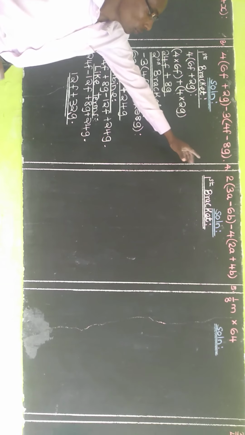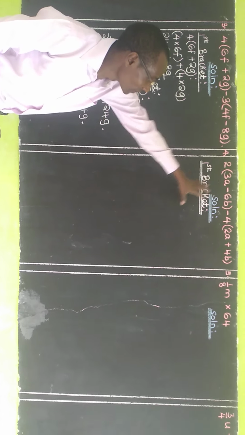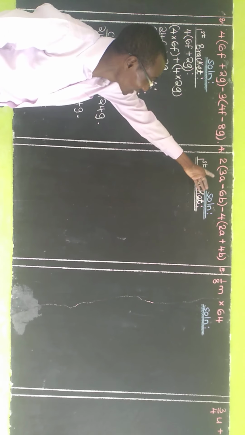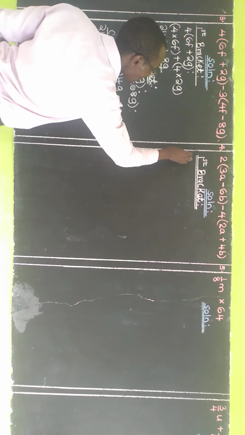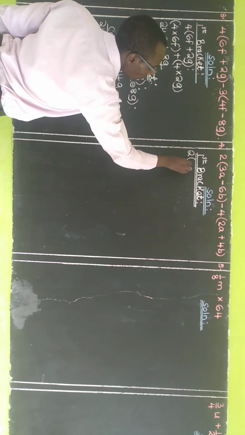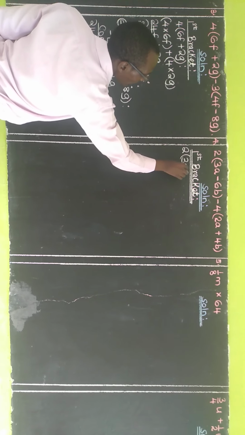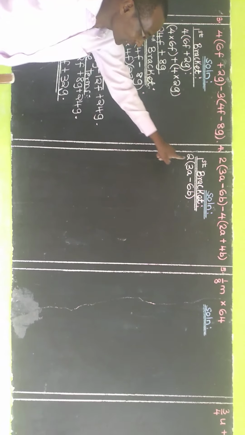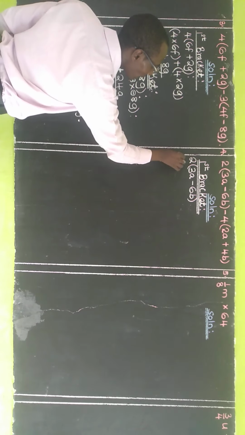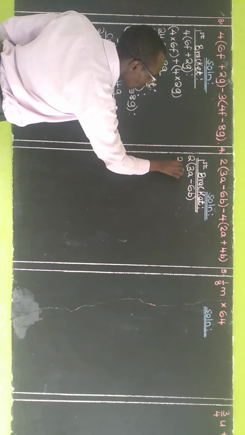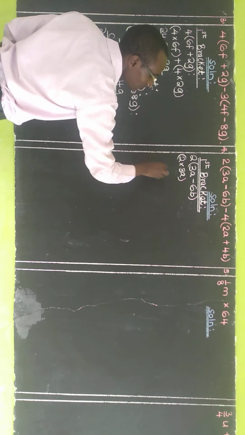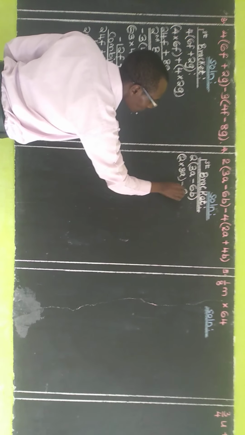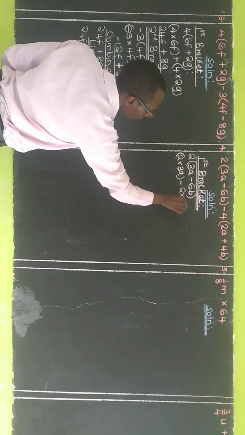Question number 4. I will have to open the very first bracket, as you can see in the question here. In the first bracket, we have 2 into 3a minus 6b. So when opening the first bracket, I will have to pick 2 times 3a, then minus 2 times 6b.